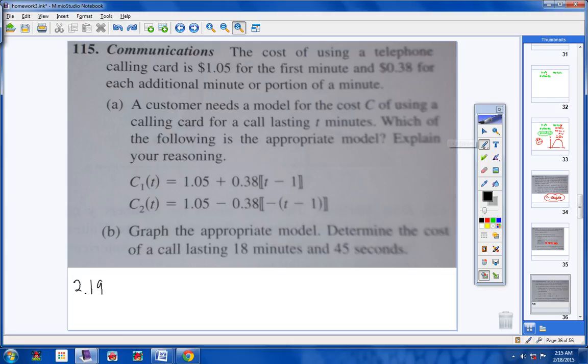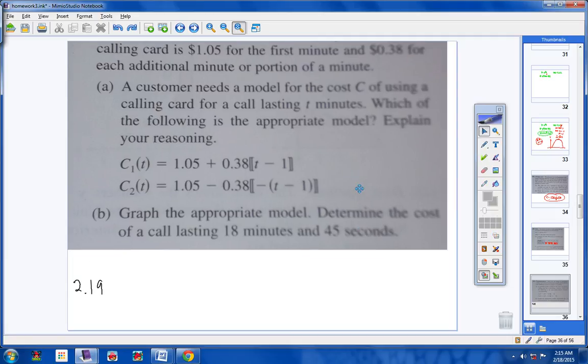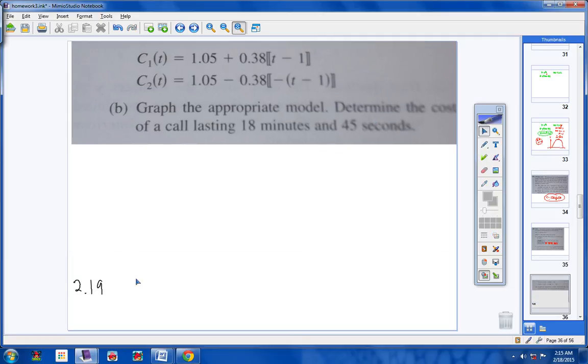Alright, here we go. I'm going to slide this up a little bit, get some more room. Alright, let's see which one of these two equations will match up to $2.19. So I'm going to put 3.5 minutes in. I'm going to put 3.5 right here, 3.5 right here for t, okay? Now watch carefully what happens. 3.5 minus 1 gives you 2.5.